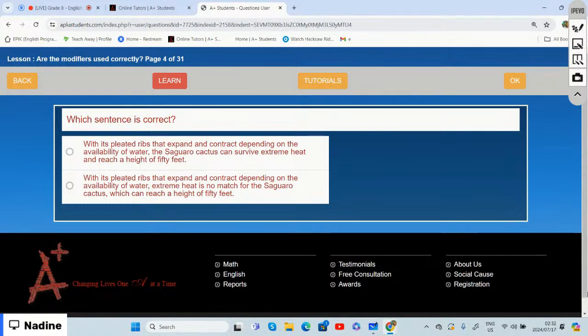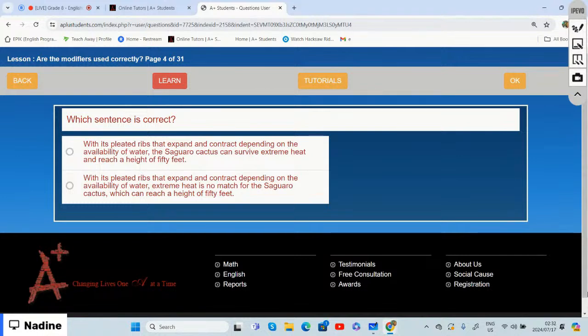All right, the next one says, with its pleated ribs that expand and contract depending on the availability of water, the saguaro cactus can survive extreme heat and reach a height of 50 feet. Or do we say with its pleated ribs that expand and contract depending on the availability of water?